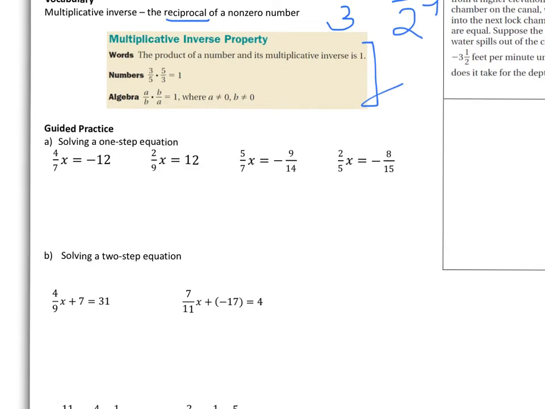And we can do that by multiplying both sides by the multiplicative inverse of 4 over 7, which is 7 over 4. So let's do that. I see we can cancel. And here we can first simplify negative 12 and 4. Okay, and negative 3 times 7 is negative 21.